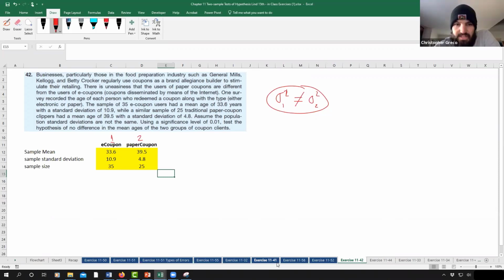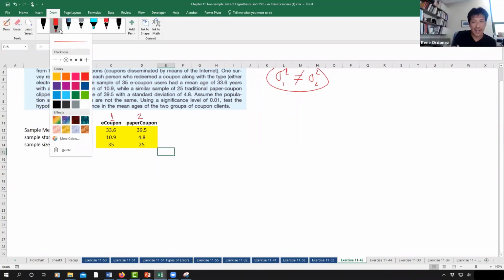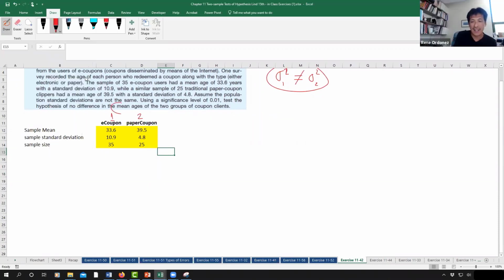The last sentence, test the hypothesis, no difference in the mean ages. All right, so it's explicitly stated in the problem, right? So how do we convert this into symbols? And again, the keyword there, no difference.